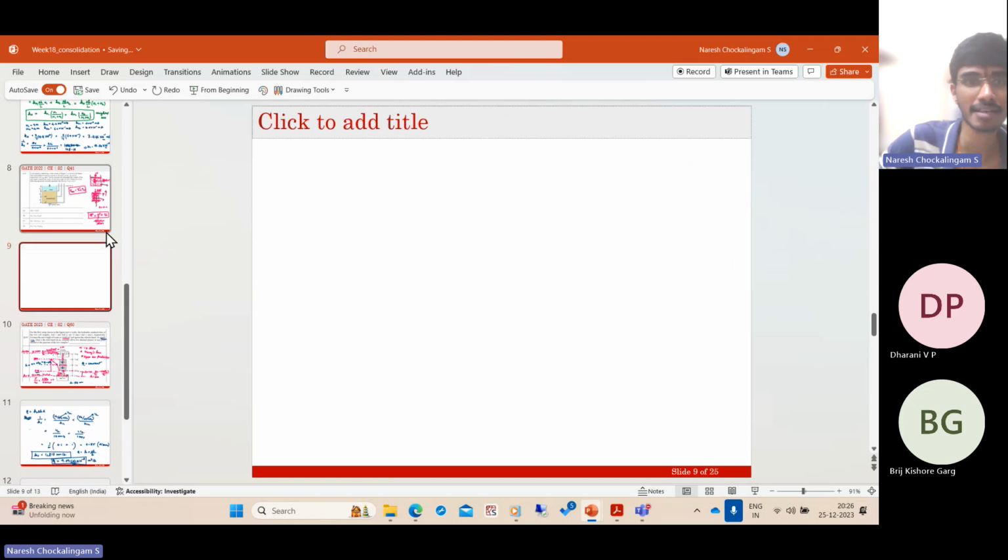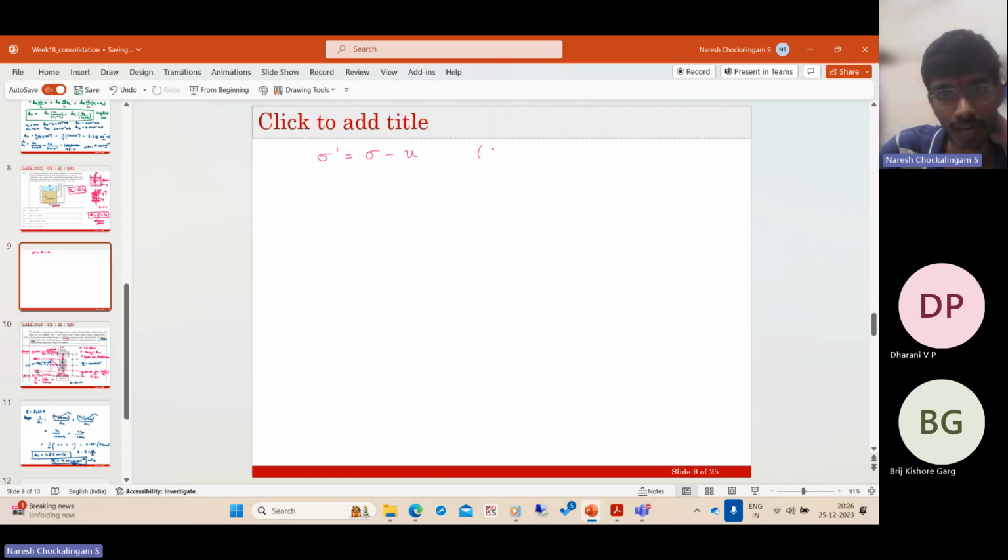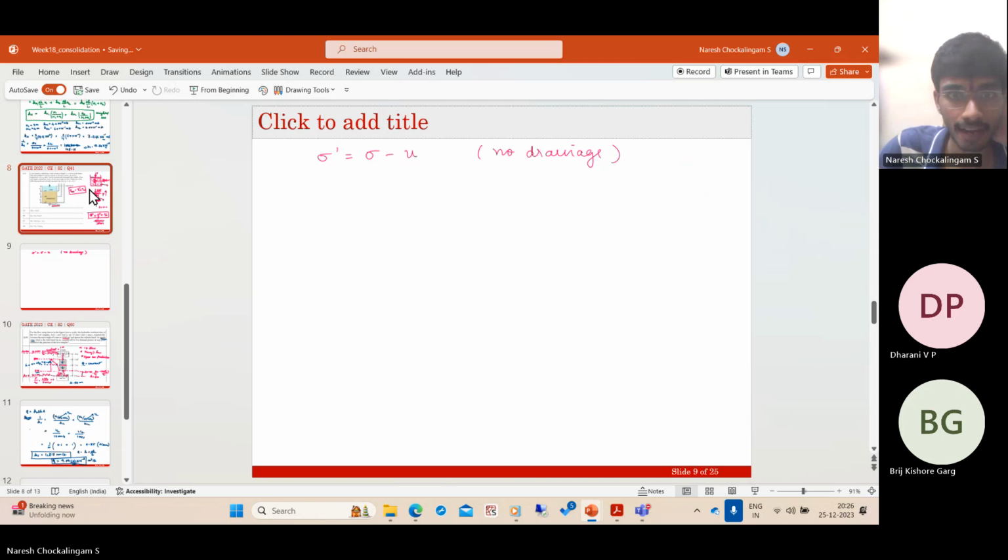Just remember that the effective stress at any depth is given as the total stress minus the pore water pressure at that depth. Now here, this is a closed valve, right? What does that mean? The closed valve means you don't have any drainage. So no drainage. Then what else?